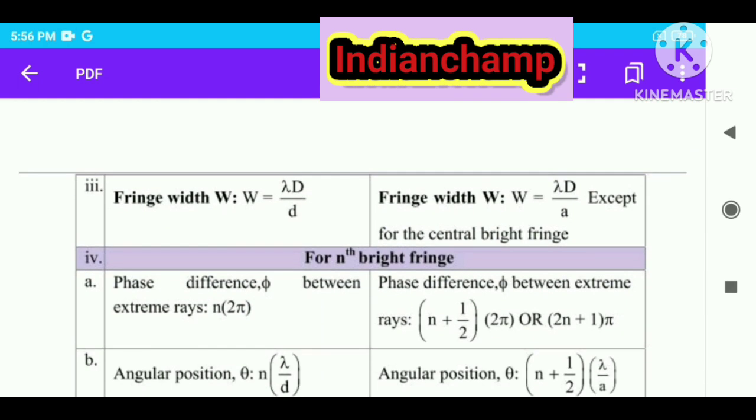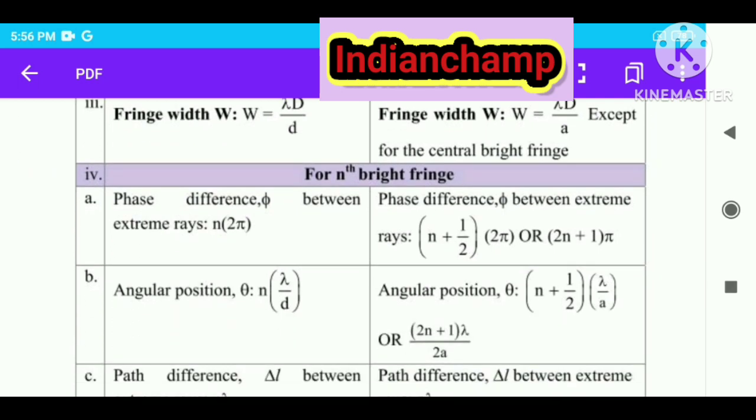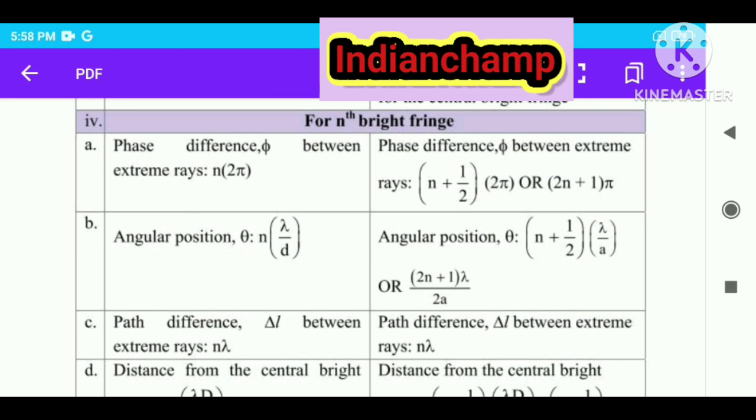Third, fringe width W is equal to lambda D divided by d. In single slit, fringe width W is equal to lambda D divided by a, except for the central fringe. Fourth, for the nth bright fringe, the phase difference phi between extreme rays is n into 2 pi.